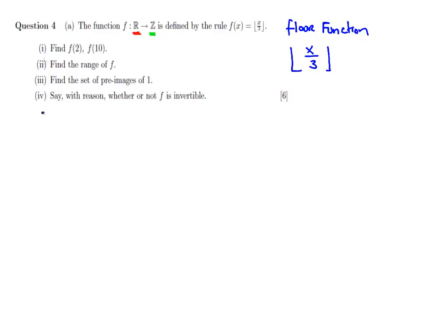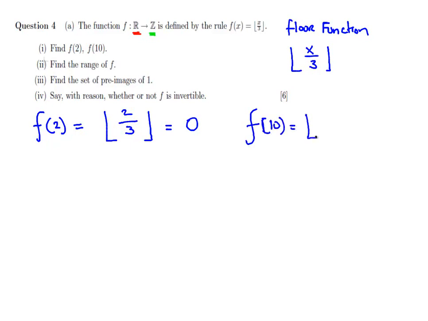Well, f of 2 is the floor of 2 divided by 3, and that is equal to 0. f of 10 is the floor function of 10 divided by 3, which is the floor function of 3 and 1/3, and that's equal to 3.